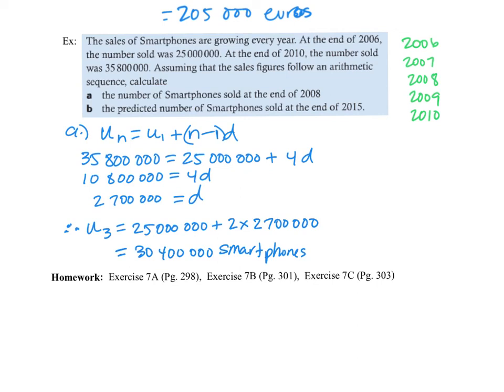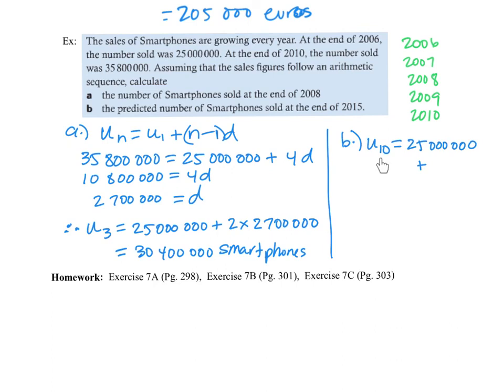Okay, so then let's take a look at letter B. Letter B says calculate the predicted number of smartphones sold at the end of 2015. So if I kept listing my years and counting up to 2015, that would be the 10th year. So in other words, we're being asked to find U sub 10. So U sub 10 is equal to the first term, which is 25 million, plus n minus 1.